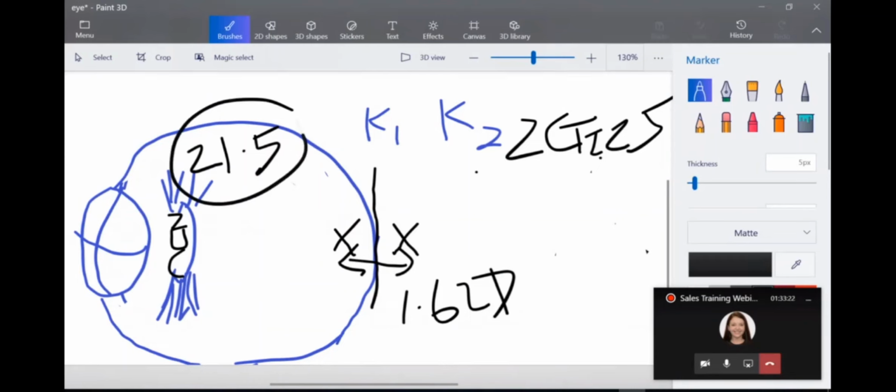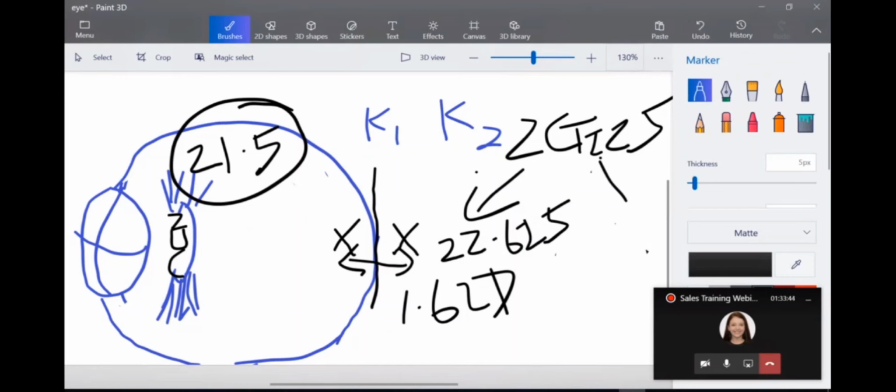So actually a 21.5 diopter lens is equal to a lens that is 22.625 on one axis, and on the other axis it is 20.375 diopters. Okay.